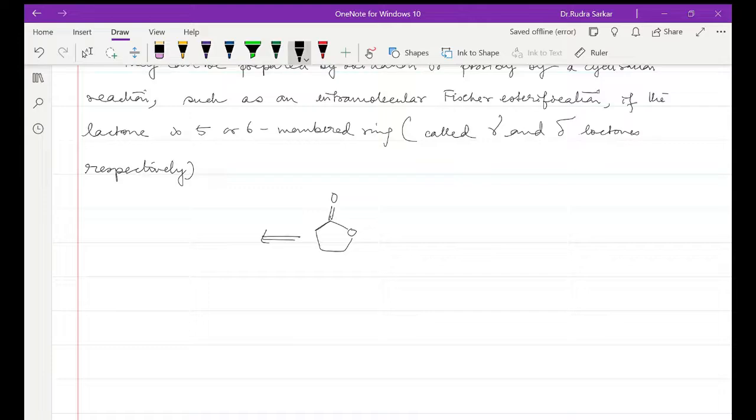If we go back and try to find out what should be our starting material, then we can start from a cyclobutanone, and one can use the peroxy acid oxidation procedure to make the gamma lactone.